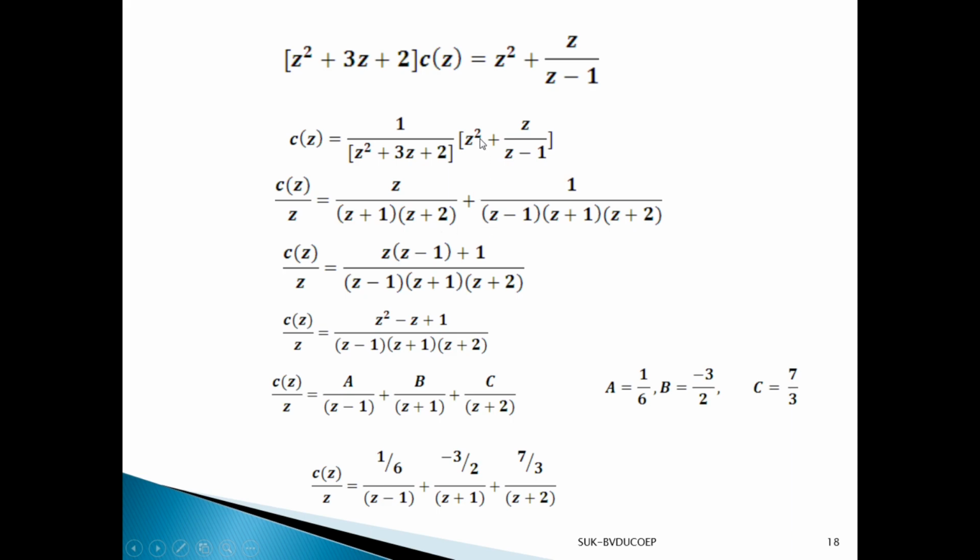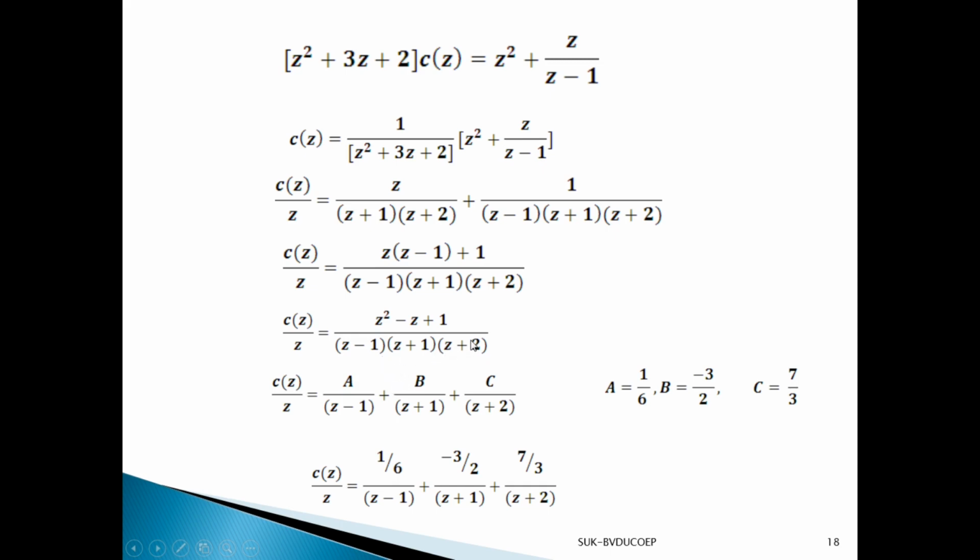This is z square, divided by z, so this becomes z here, and this z divided by z becomes 1 here: (z minus 1)(z plus 1)(z plus 2). Then we have to simplify this. These two are common, so multiply by z into (z minus 1) plus 1.